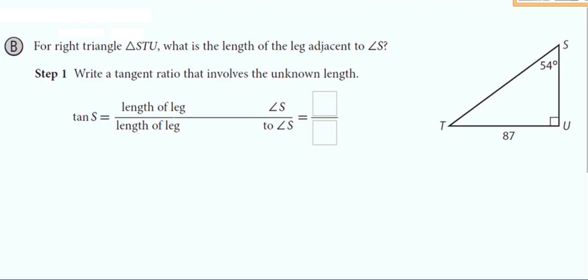So moving on to another example, we have a right triangle with a 54-degree angle. We want to do tangent of S, which is the 54-degree angle. So remember, tangent is opposite over adjacent.